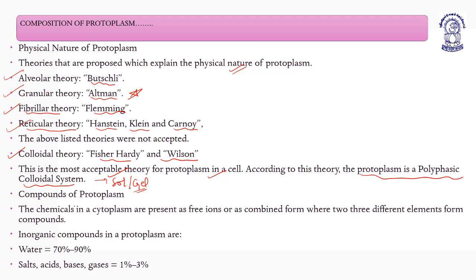Compounds of protoplasm. The chemicals in the cytoplasm are present as free ions or in the combined form, which two or three different elements form. So these ions make the compounds. The inorganic compounds in the protoplasm are water 70 to 90%, and salts, acids, bases, and gases around 1 to 3%.